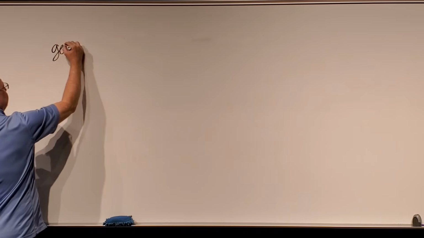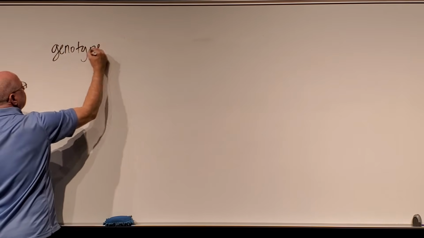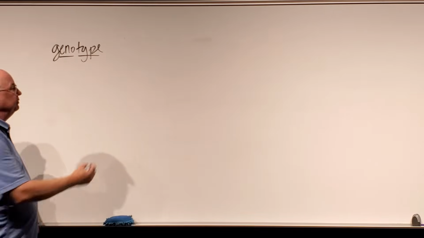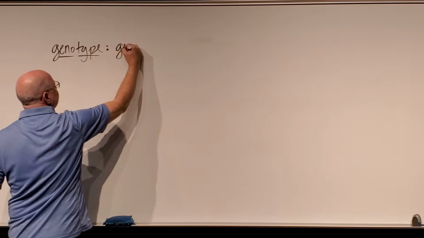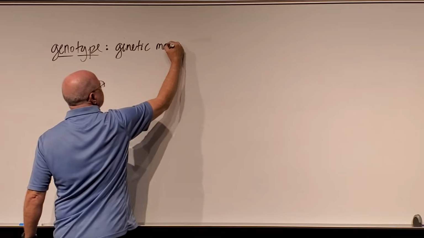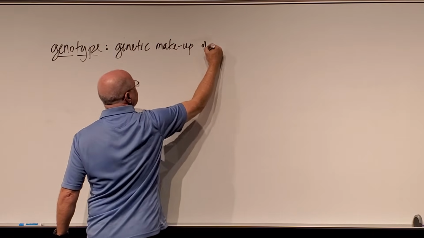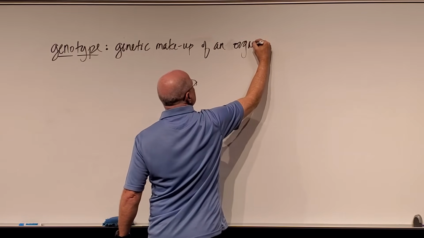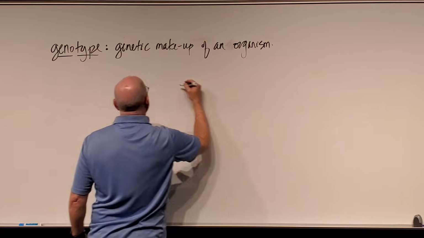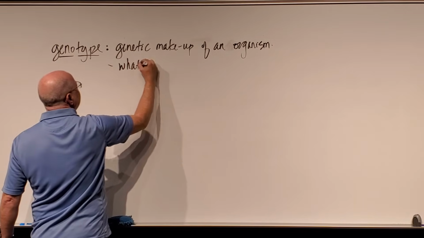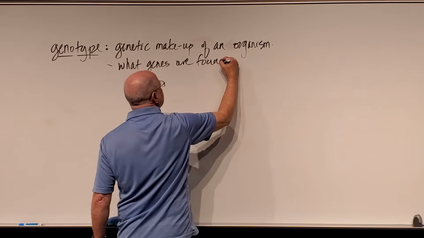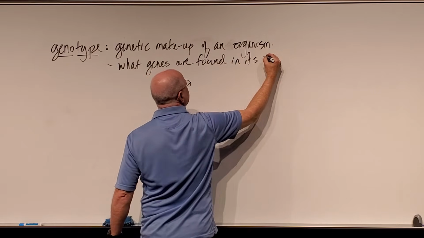Now, when we talk about two organisms, or the offspring of any organism, whether they reproduce sexually or asexually, we're going to talk about what's called the genotype. I think of this as the types of genes in the organism. The genotype is the genetic makeup of an organism, which is really what genes are found in its genome.